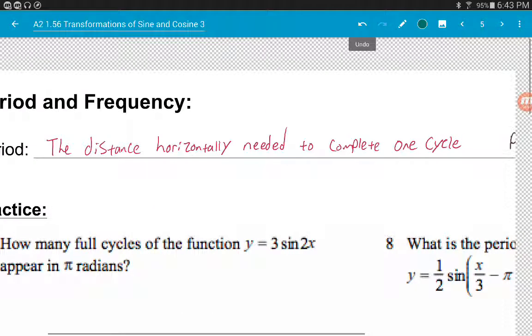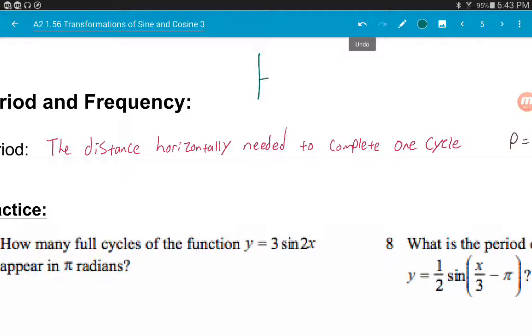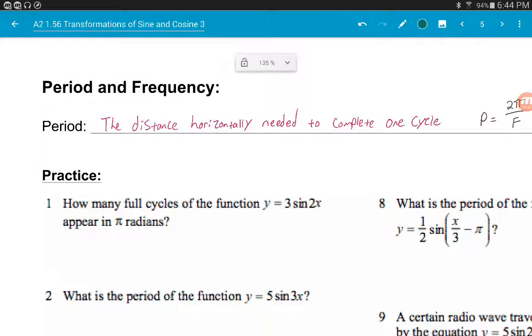So for instance, if I had a sine function and it took all the way until 3, that would mean that the period is equal to 3, because it would be like 1, 2, 3 units. Right, so it's the distance required along the horizontal midline.